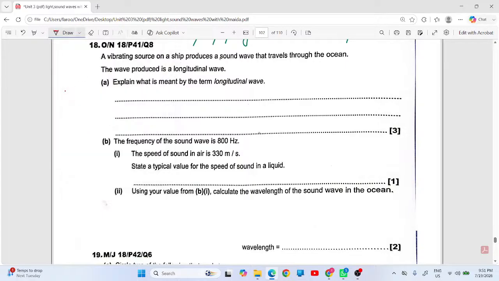Next, the vibrating source on a ship produces a sound wave that travels through the ocean. The wave is a longitudinal wave. What is meant by the term longitudinal wave? 3 marks.